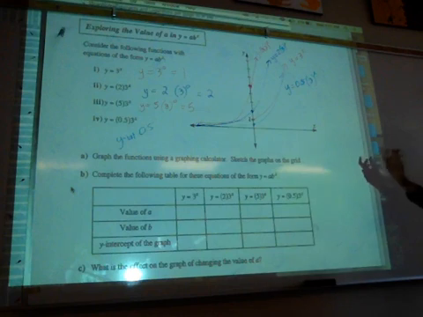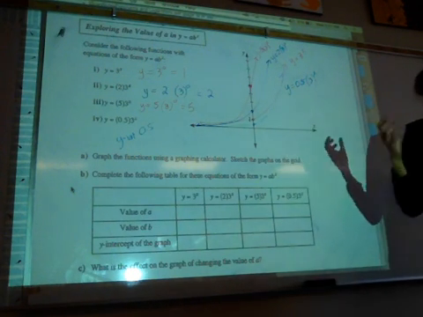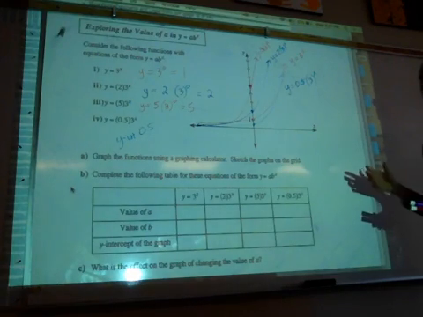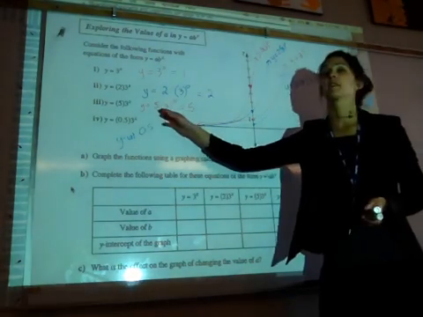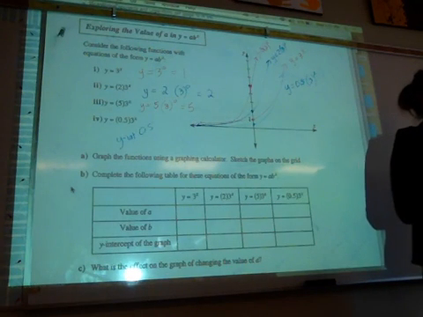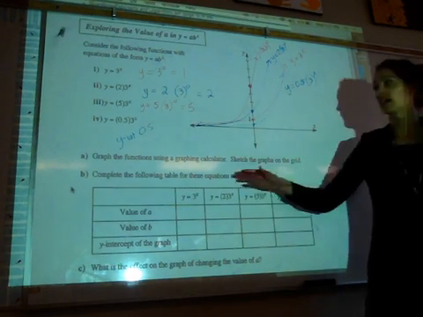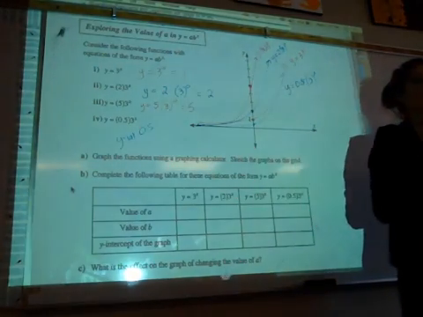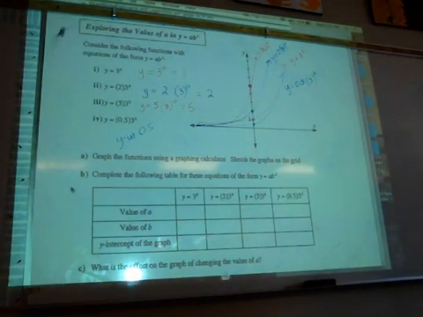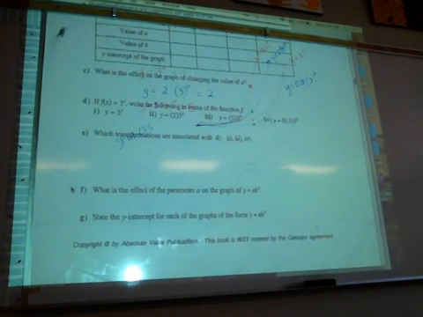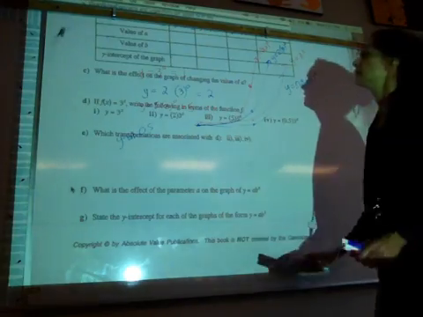Our a and our b actually relate very similarly to the transformation unit that we looked at before. If a is our stretch factor of 5, that means all the y coordinates are going to be increasing by a factor of 5. If our a is a half, we multiply all our y coordinates by a half. So another thing that we can say about our parameter a is that it's a vertical stretch factor.